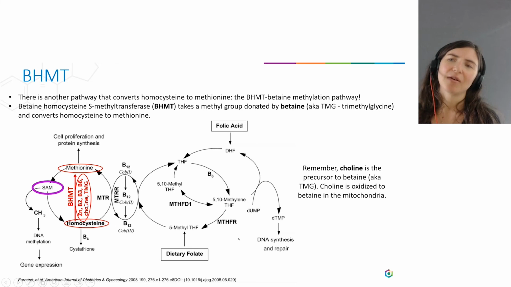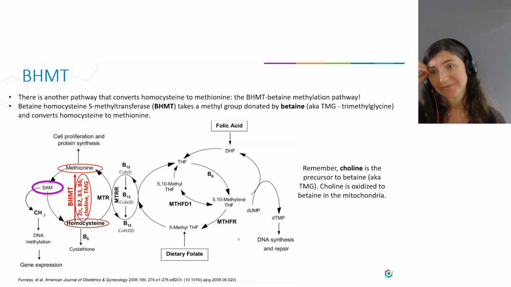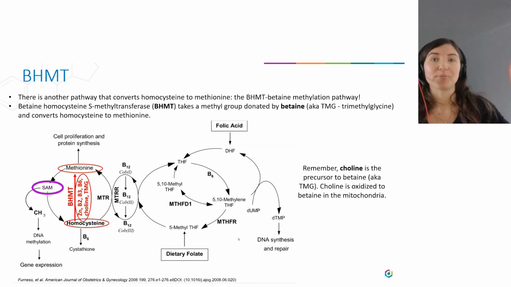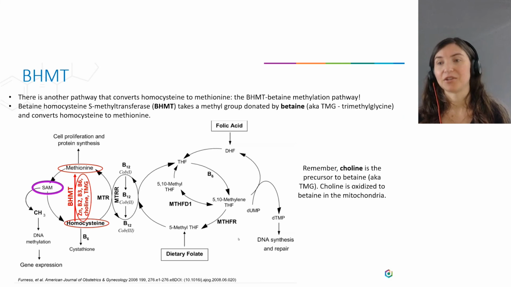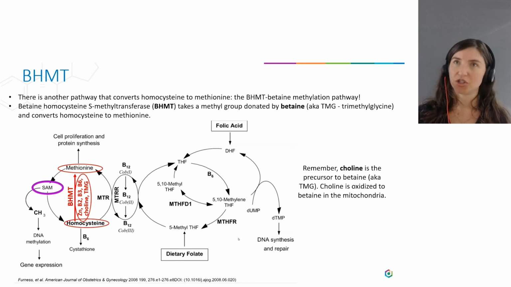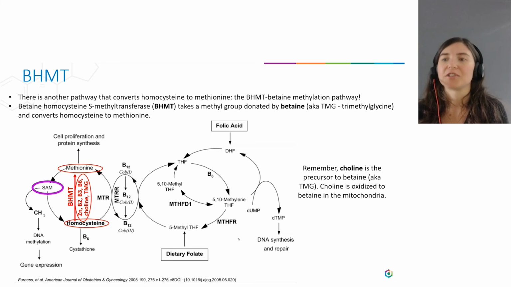So then you ask, okay, betaine, what is betaine? How do I get betaine? Well, another word for betaine is TMG, or trimethylglycine. They're the same thing, just another name. Choline is a precursor to betaine. So choline gets irreversibly oxidized to betaine in the mitochondria. So we also need good mitochondrial function for this.